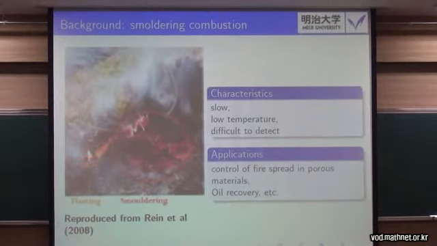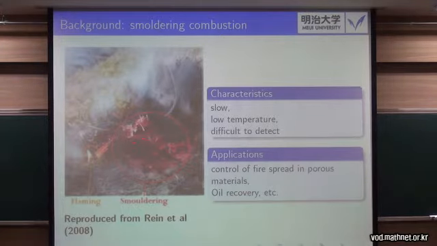In a flaming combustion, usually what we have is gaseous phase combustion. But on the right, we have the smoldering combustion. Smoldering combustion just represents a kind of non-flaming form of combustion.